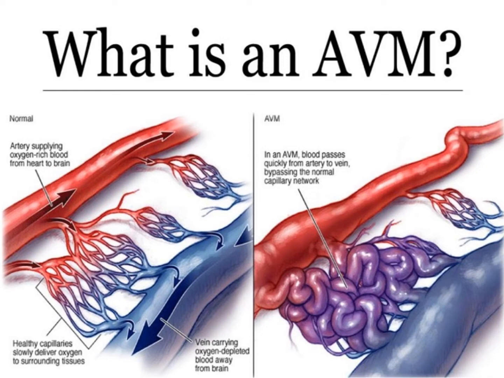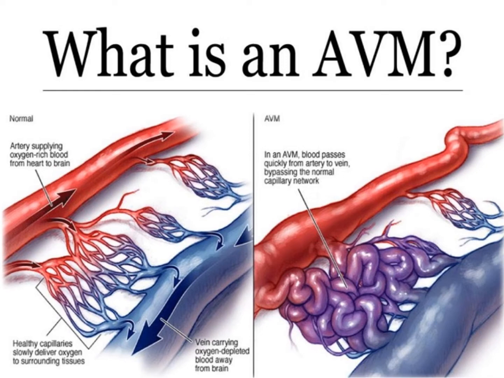And so in an AVM, the blood passes quickly from the artery or arteriole to the vein or venule, bypassing the normal capillary network. So the issue here is you're not getting good nutrients to that area, but you're also not slowing the blood down.